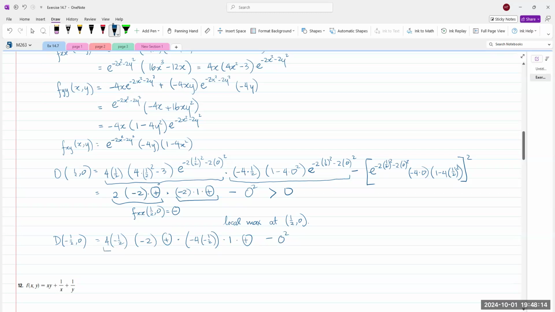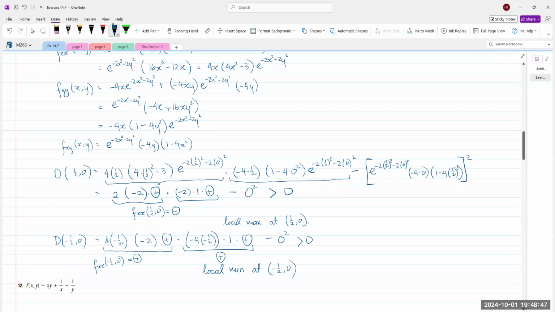Okay, but this guy is positive, this guy is also positive, positive minus 0 squared, that's still positive, but because f sub xx of -1/2 comma 0 is positive, so there will be local minimum at -1/2 comma 0.